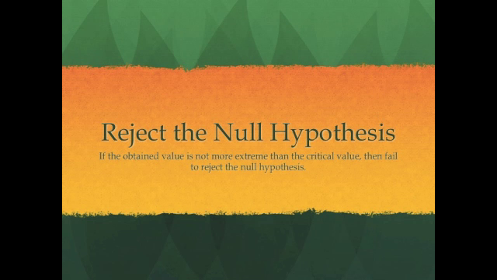But if the obtained value is not more extreme than the critical value, then you want to fail to reject the null hypothesis. In that case, there is not a statistically significant difference between Hall 1's fall risk scores for residents and Hall 2's fall risk scores for residents, which would therefore give the nursing home administrator and the director of nursing some pretty valuable information in terms of how to move forward and to further investigate.